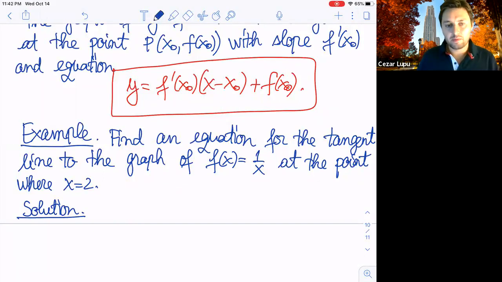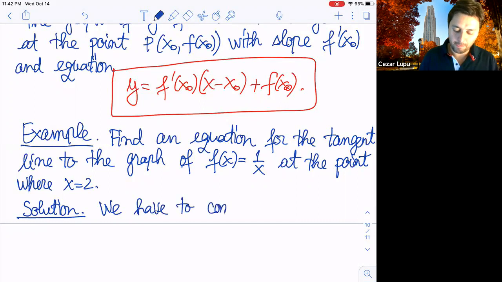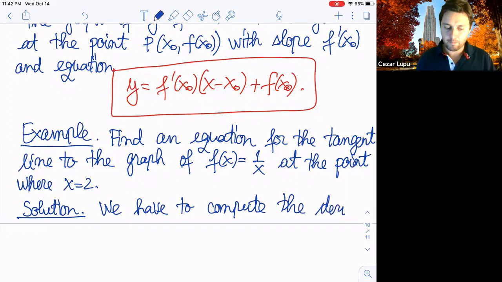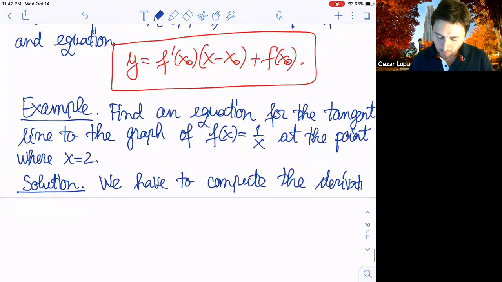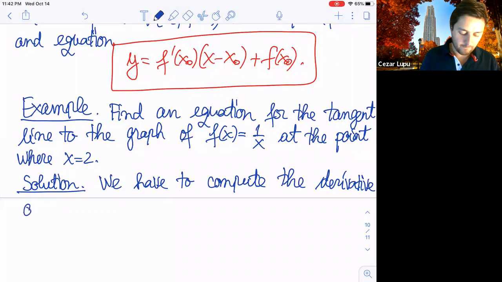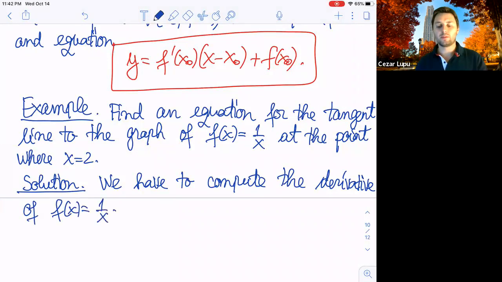So we have to compute the derivative of f of x equals 1 over x. So we have to compute the derivative of this guy.